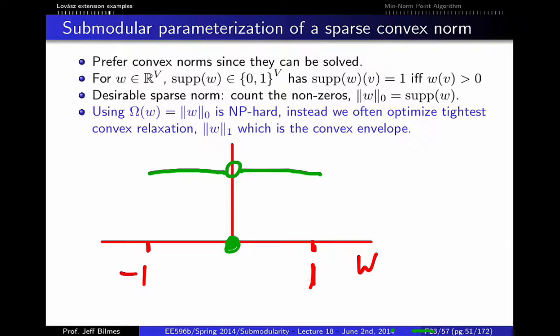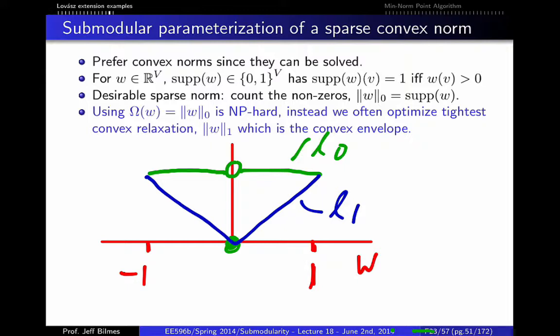Now the convex envelope, or the tightest convex relaxation, is the largest convex function that lower bounds this norm, right? I'm going to draw this in blue, and that's going to look like this. So the blue one is the 1 norm, and the green one is the 0 norm, right?